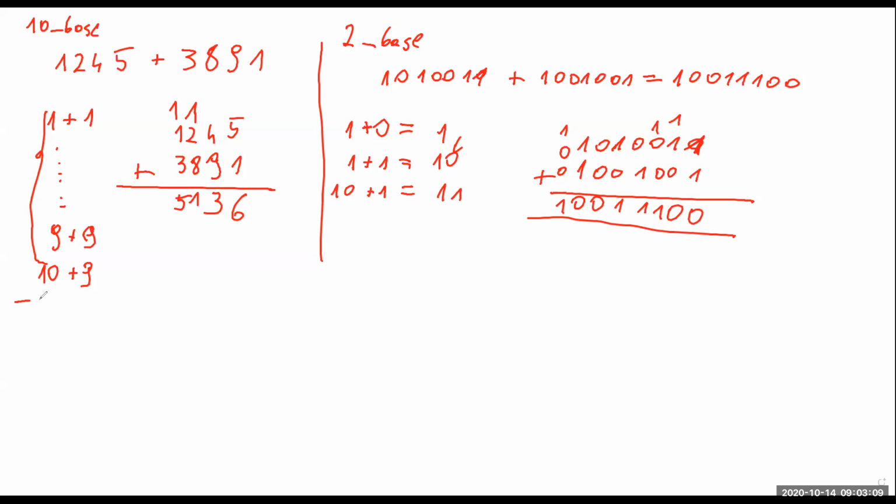We can do the same for multiplication. So let's say I have 256 times, let's say, 12. How much is it? What do I need? I need to know the values of all combinations, starting from 1 times 1 up to, let's say, 10 times 10.